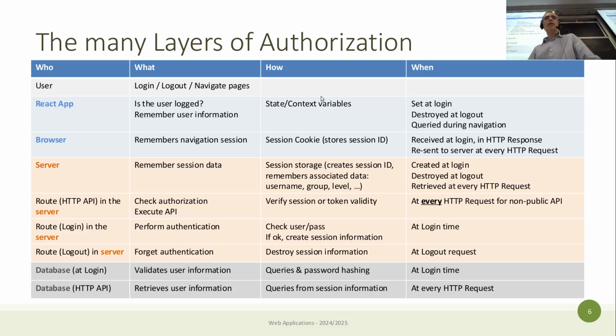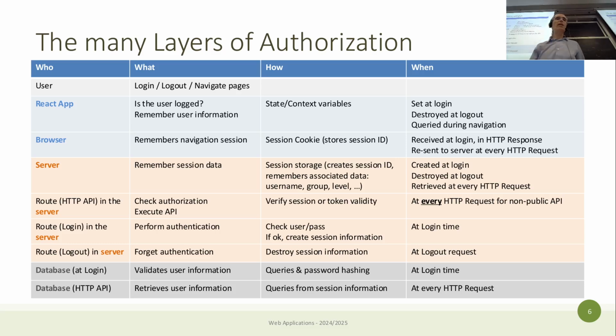There are many layers of authorization. There are many points in which many actors are involved in doing things in a certain way at a certain moment. I think you can read this slide, just for reference, to show you how complex these operations can be.